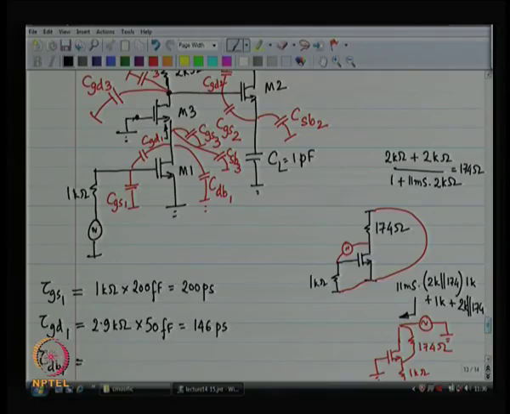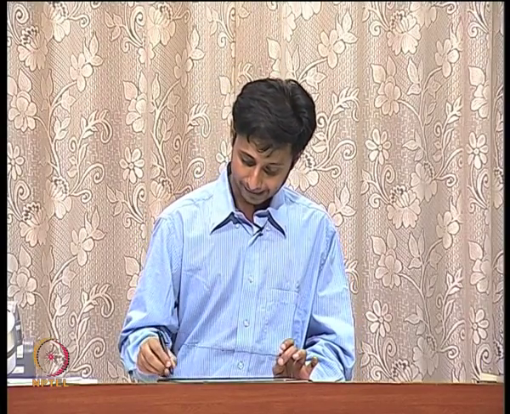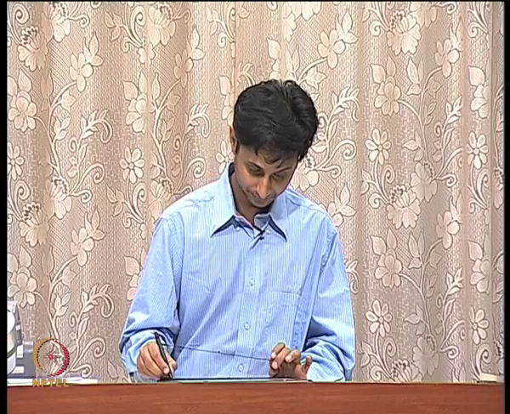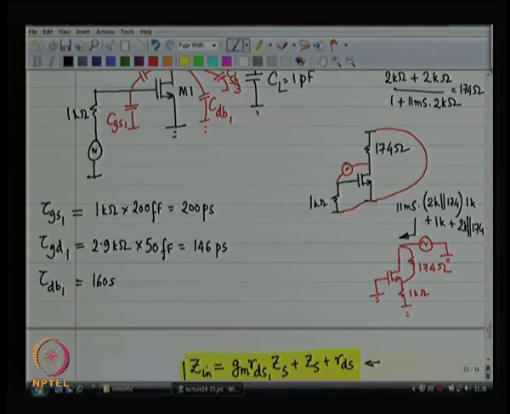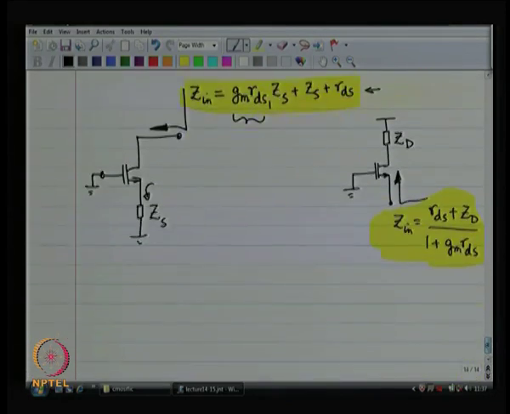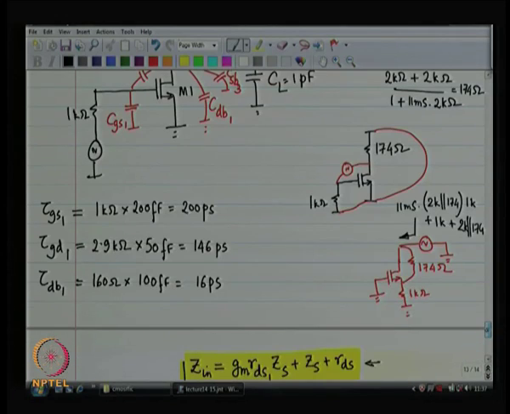So you basically see 2K in parallel with 174 ohms, and that is 160 ohms. Okay. So that is your device number 1.